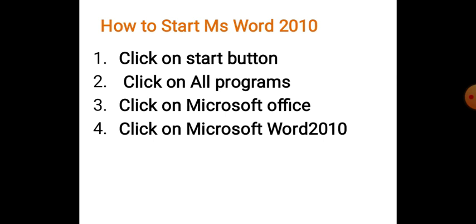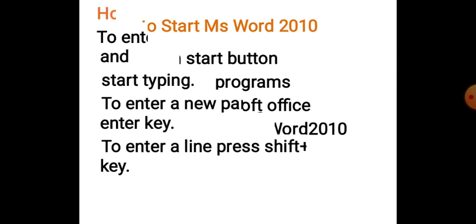In that we will click on Microsoft Word 2010, and the Microsoft Word window will appear. As we discussed, the Word window is also known as the Word interface, and then we can do our work in Microsoft Word.